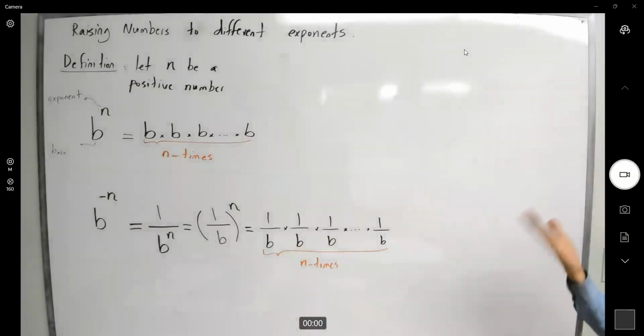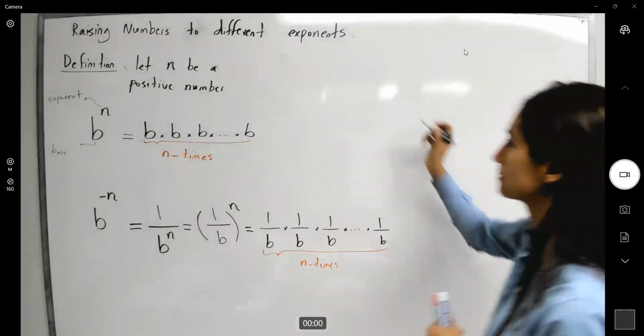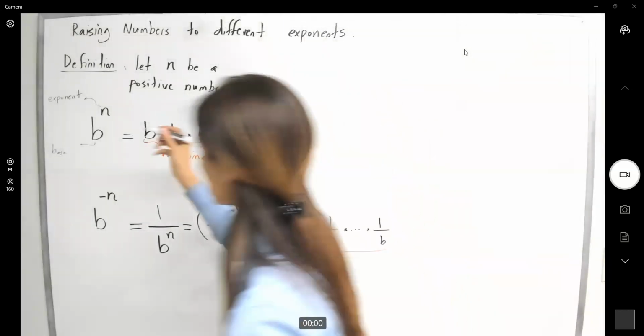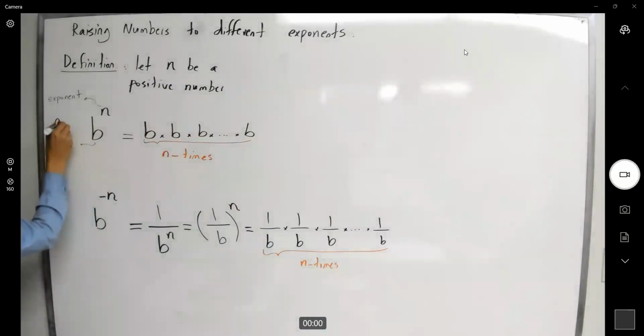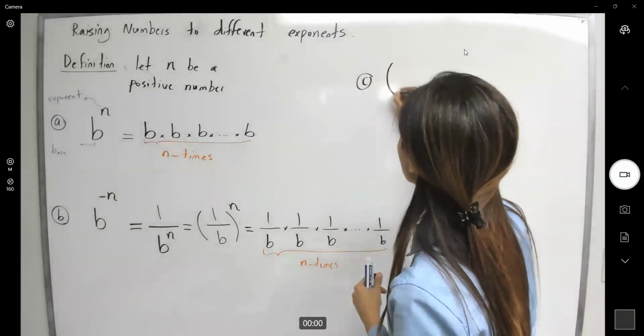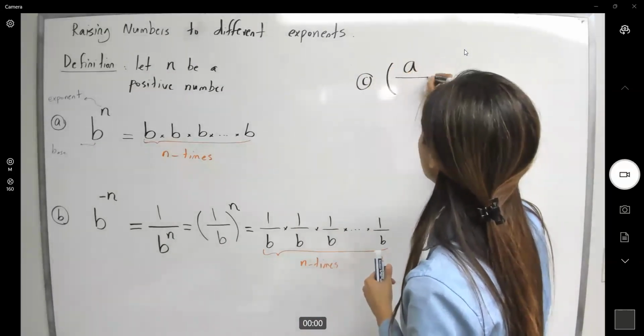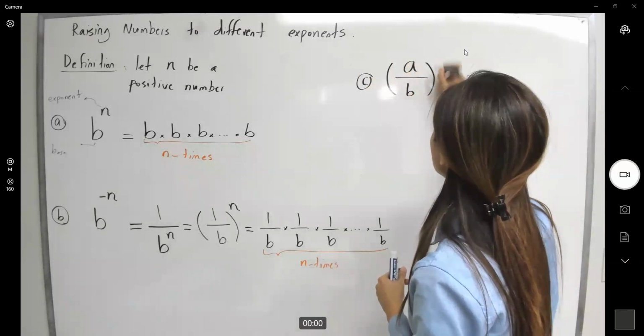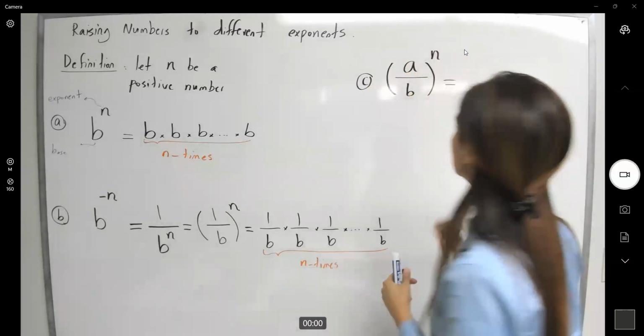Okay, let's make it more interesting. What if I have the following case? Another definition. So this is part A. This is part B. Part C, you might have a fraction of this form: A divided by B to power n.